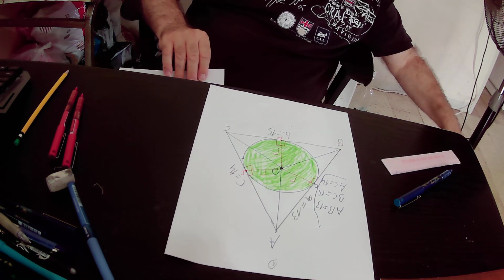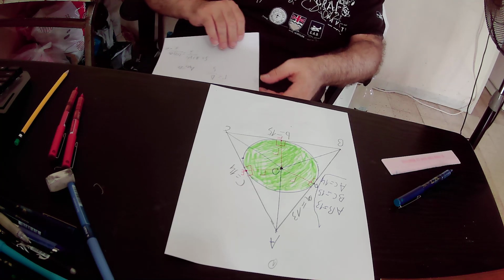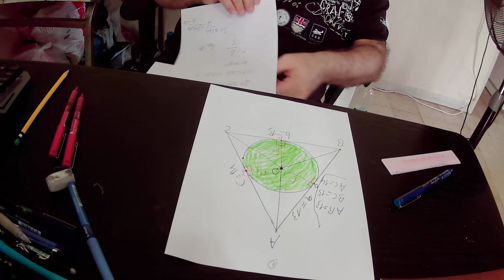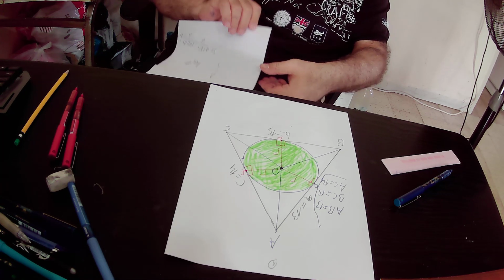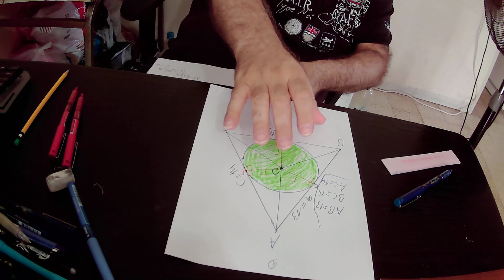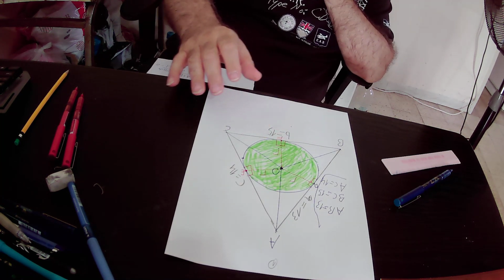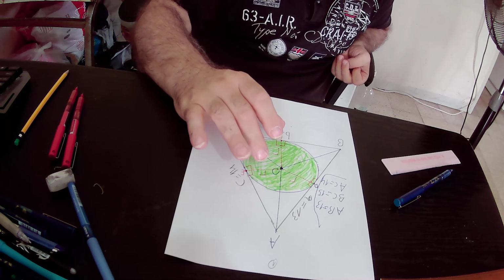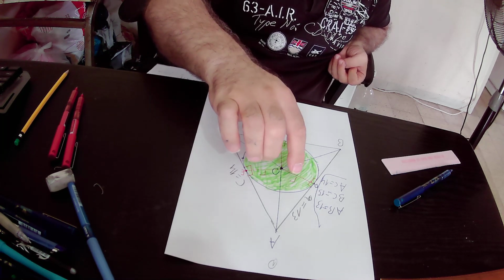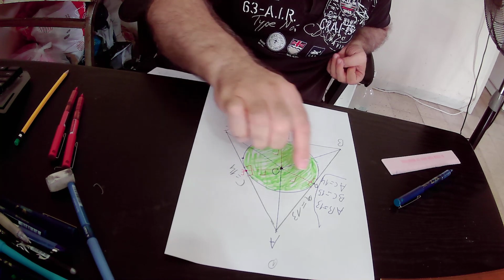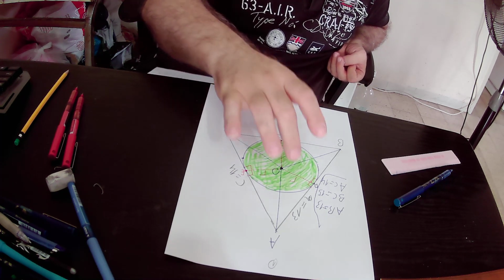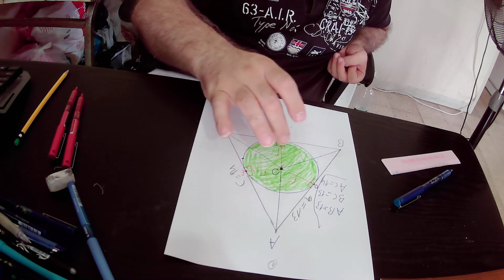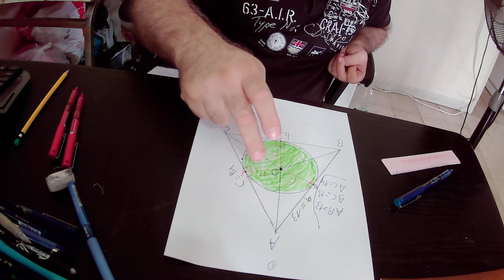And then we found out the radius of the green circle in the second way. In the first way we found the radius of the green circle by dividing triangle ABC into 3 small triangles: triangle AOB, triangle BOC, and triangle AOC.